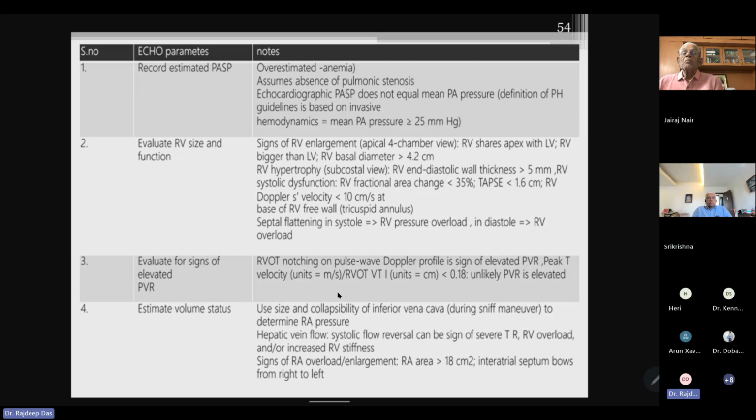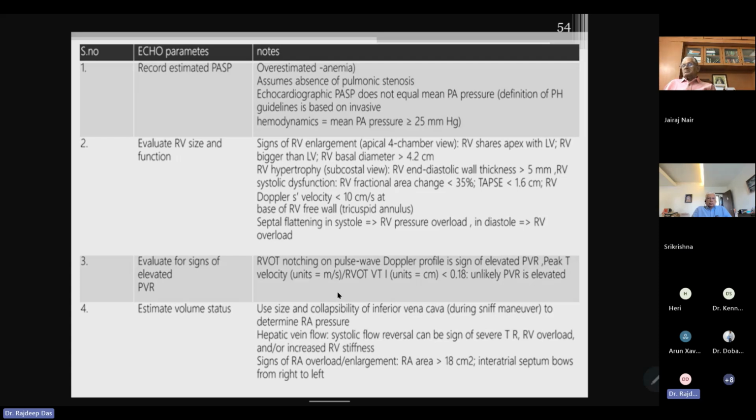The signs of RV enlargement, the diameters of the right ventricle, right ventricular hypertrophy, the right ventricular end diastolic wall thickness more than 5 millimeters, right ventricular systolic dysfunction, right ventricular fractional area change, and TAPSE, we can assess the right ventricular size and function.